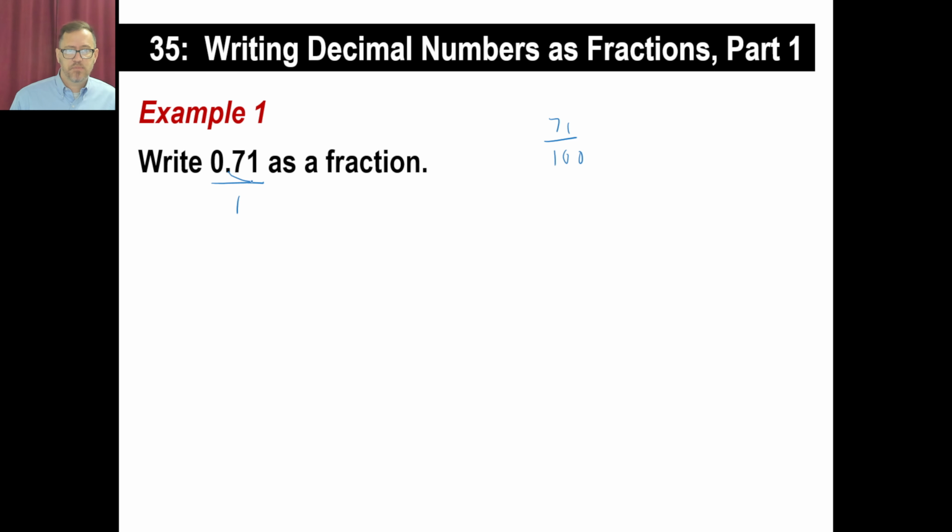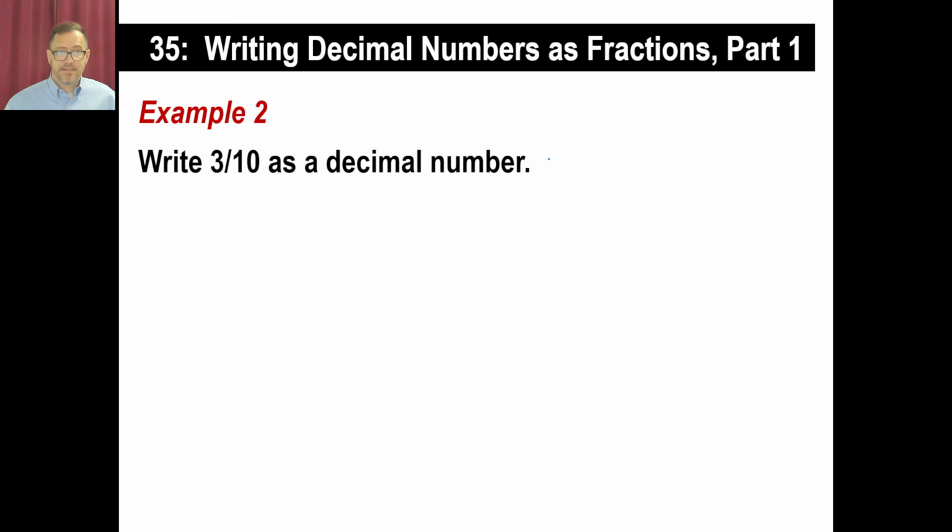We'll pull this decimal point over 2 times in the numerator to turn it into a 71. And if you did it to the numerator, you have to do exactly the same thing to the denominator. The decimal point is right there, 1.0 basically, right? So if you move it over 2 times like you did with that one, that's going to be a 0 there and a 0 there. So the bottom will be 100, just like that is there. If you ever forget, that's another way to do it.